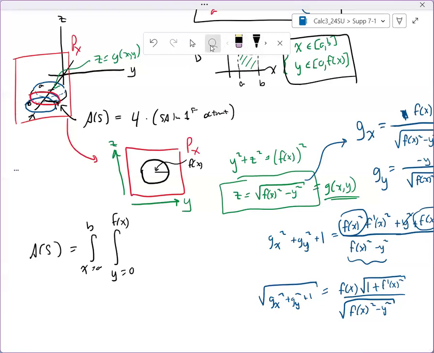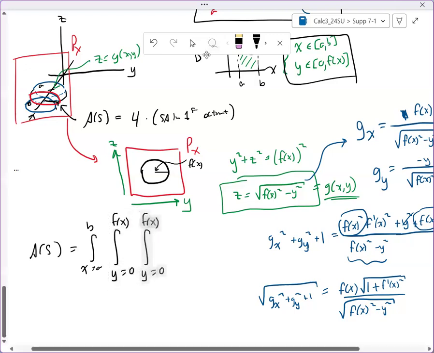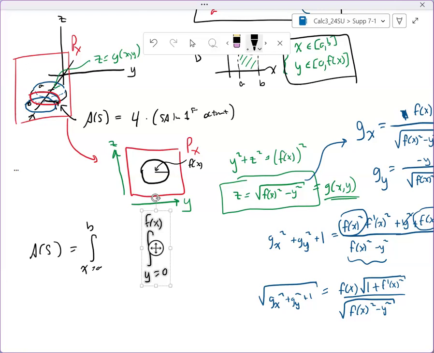And when I put this integrand inside the integral, I note that the entire numerator only depends on x. So it can all come out of the y integral. And then I'm just integrating this and then dx.